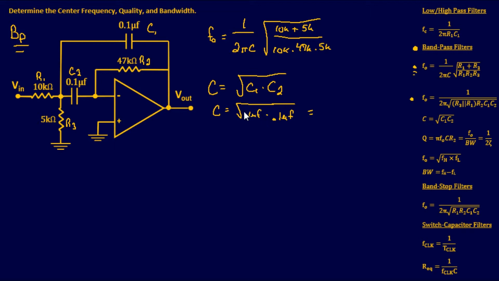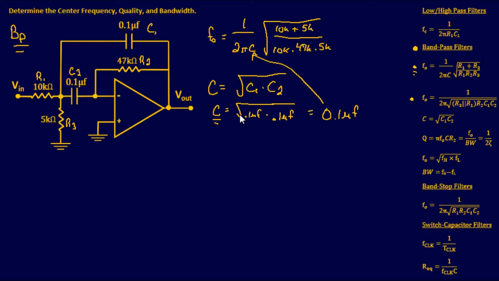Since both of these are the same, you can plug and chug it in a calculator, but you don't need to. It's going to give you the exact same capacitance, 0.1 microfarad. Since those are the same, it just made my job 10 times easier. So all I have to do is take this and put it right there.